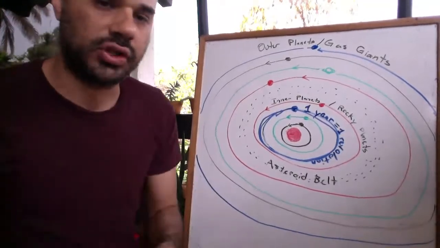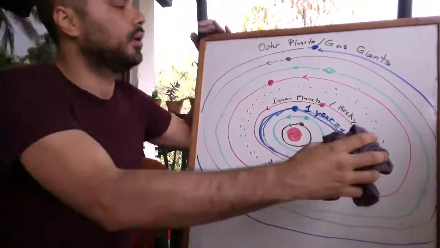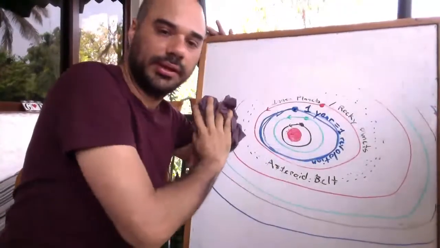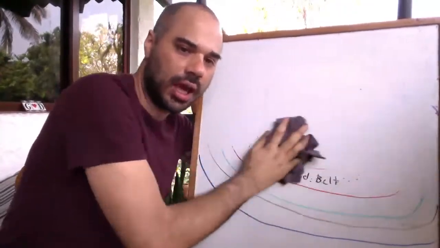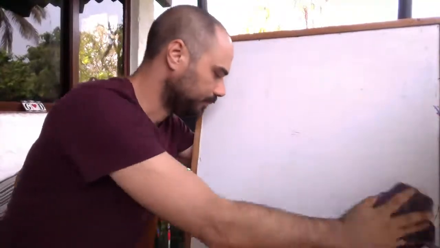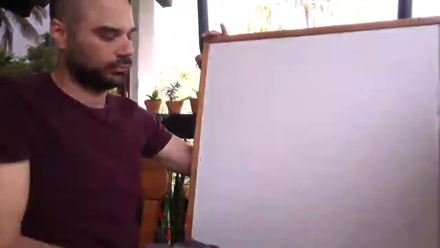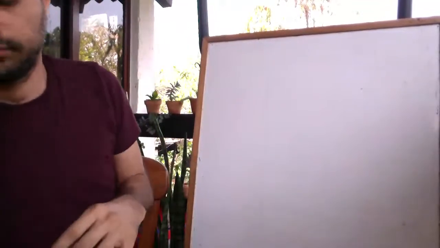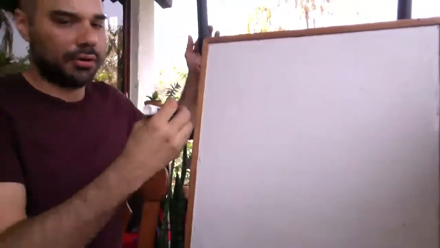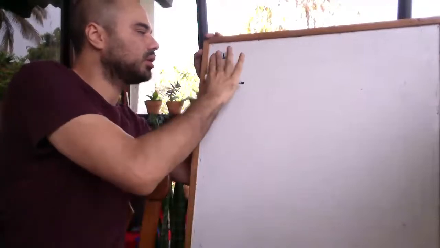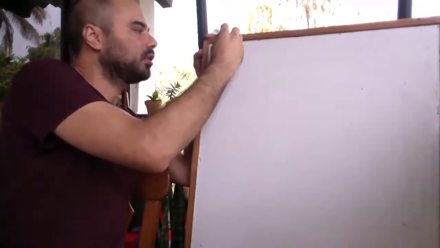Now let's go to our second movement, which is the movement that gives us day and night. So our first movement, we said that was movements of the Earth.